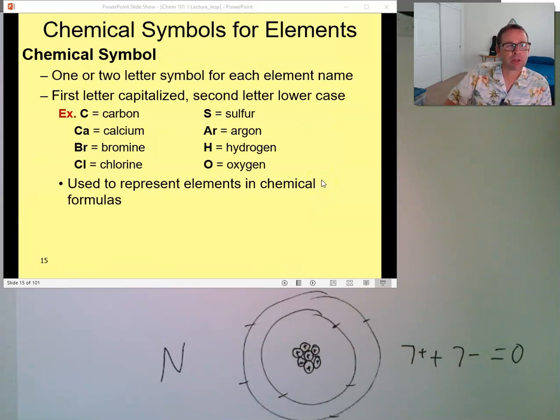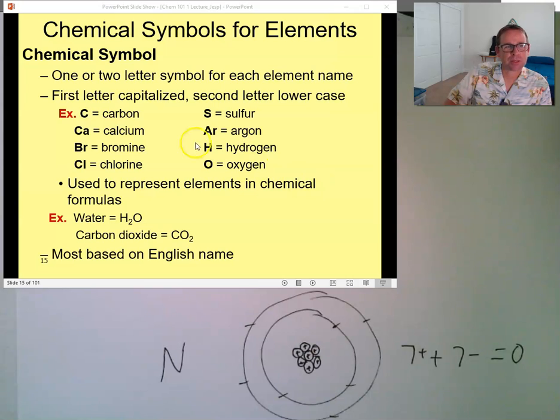So, our chemical symbols. These are just symbols that we've kind of invented to help us refer to atoms quickly, effectively. Carbon, C, calcium, Ca, bromine, Br, right? Nice and easy.